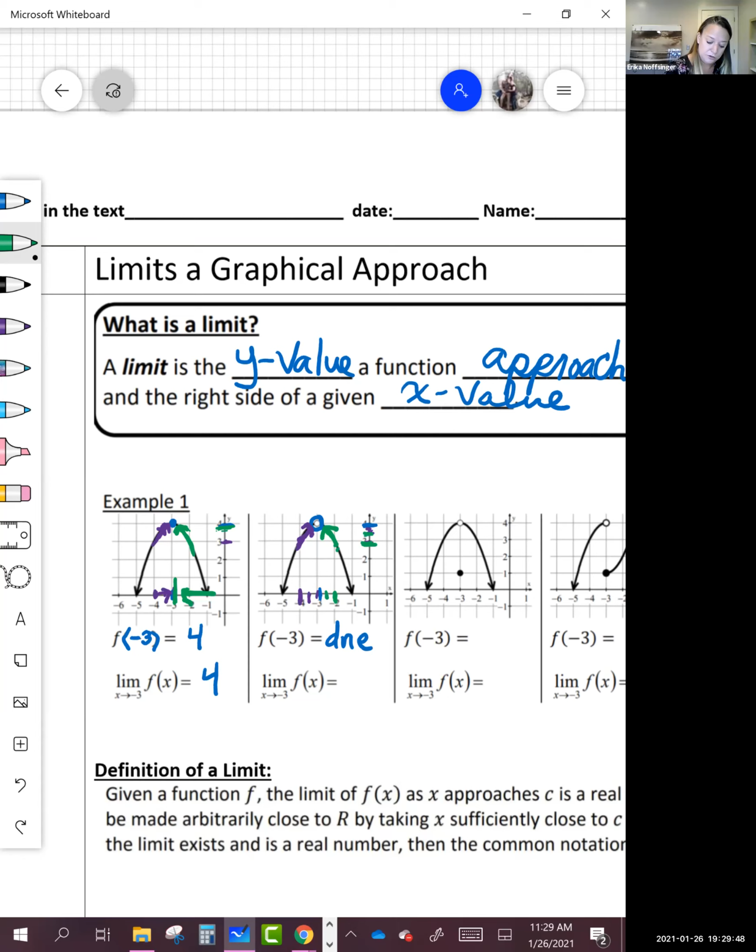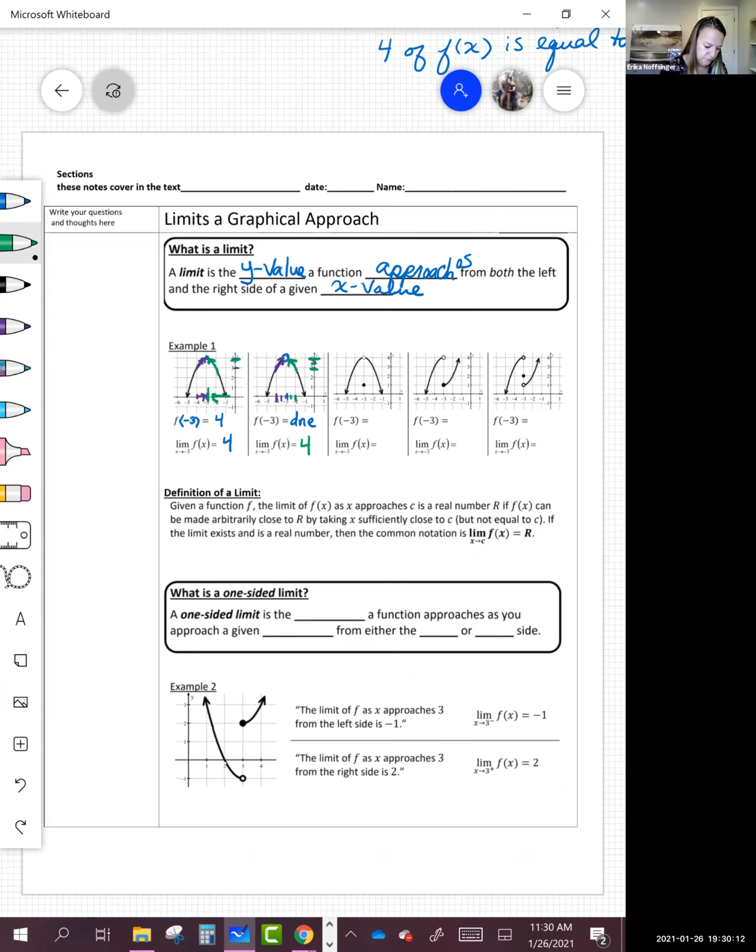Again, as we're getting closer and closer, so maybe -2.9, -2.99, -2.9999999, we could go on forever, right? And as we go on forever, getting closer to x equals -3 on the right, the value we're hitting is 4. So our limit does exist, even though the function doesn't exist at that value, and the limit is 4.